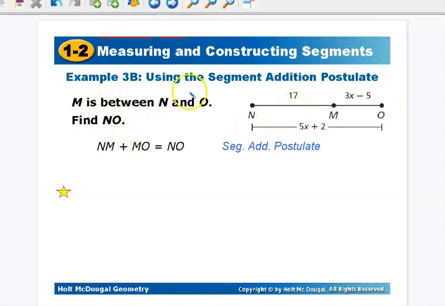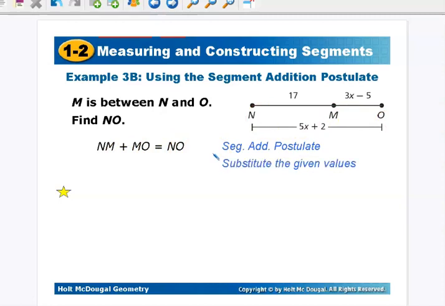Okay, we know that M is between N and O. There's N and O with M between them. We actually have some expressions for those lengths. Okay, now we're going to start with the segment addition postulate. After we do our drawing, we know that NM plus MO, right here, is equal to the full length NO. That's our segment addition postulate.